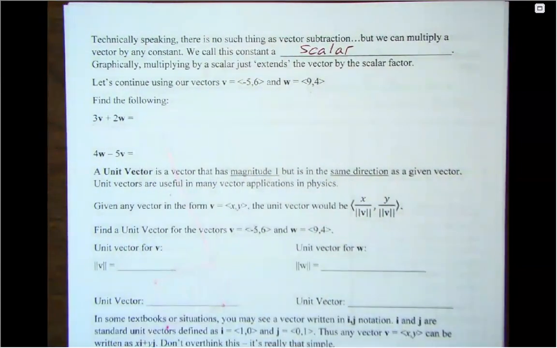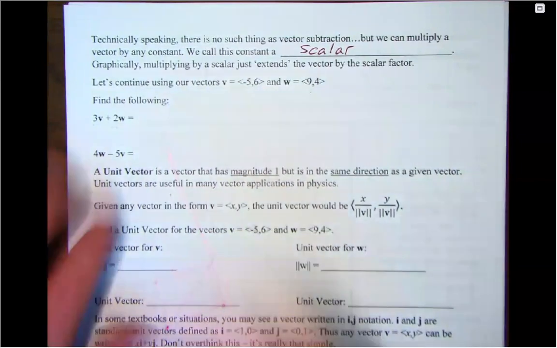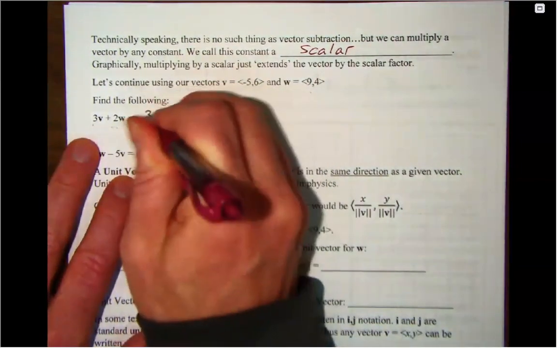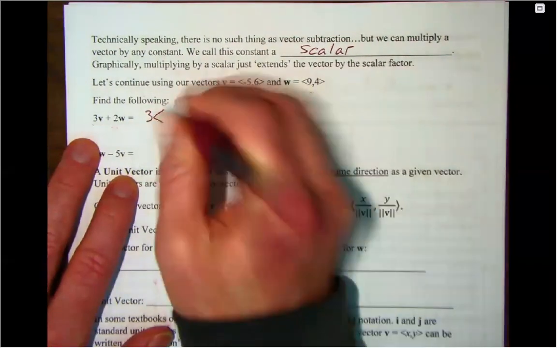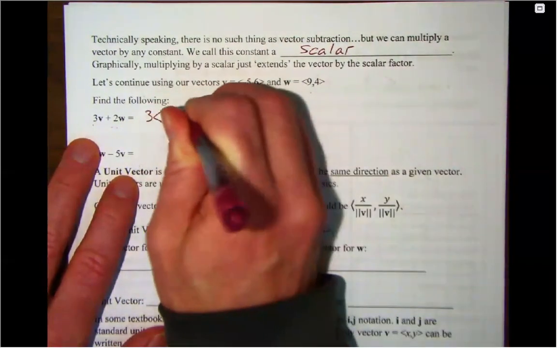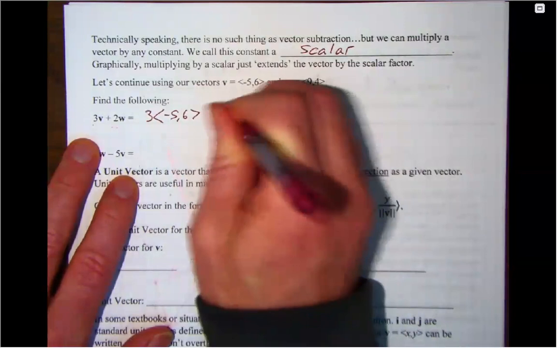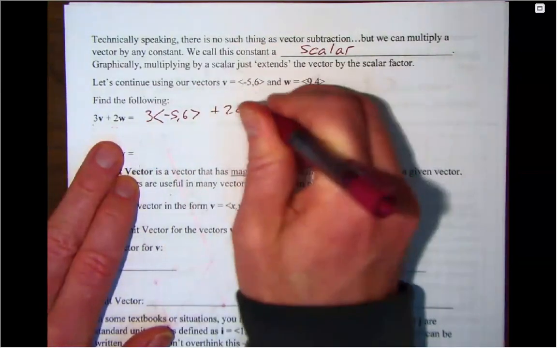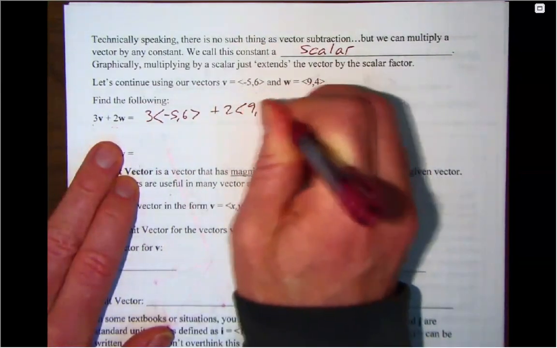You can think of it like a coefficient. So if I write it out, I would do 3 times the vector -5, 6 plus 2 times the vector 9, 4. So basically just plugging in the vectors for the letters.